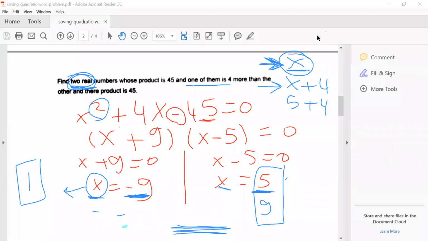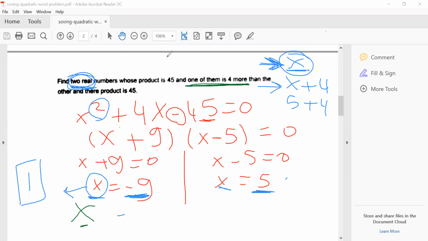From the beginning, Yara, I told you to let one number be x, and the other number is 4 more than x. So one number is x, the other is x plus 4.